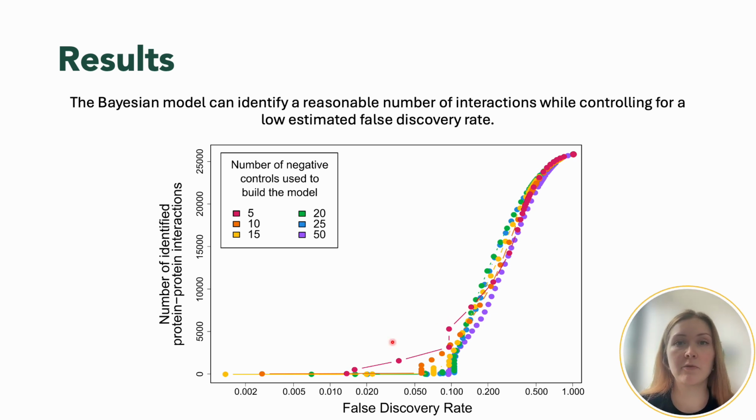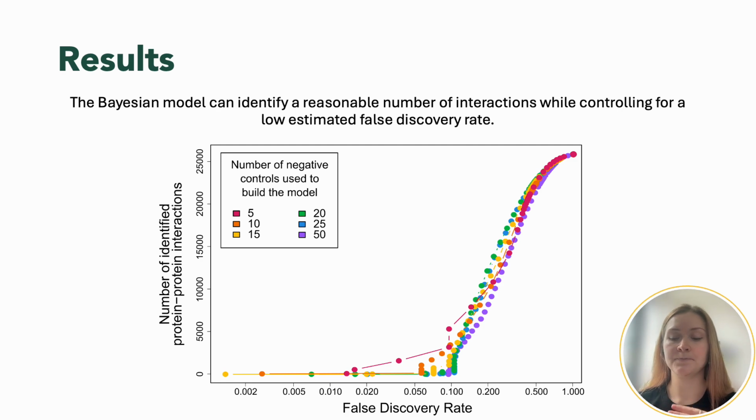To actually evaluate performance, I compared the number of identified interactions and an estimate of the false discovery rate. Overall, we can see that models from all control set sizes could identify a reasonable number of interactions at biologically relevant false discovery rates. However, models between 10 and 25 controls really offered the best balance between reproducibility, the number of interactions, and also the false discovery rate.